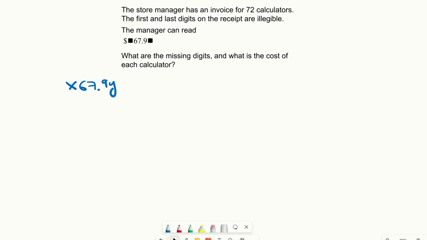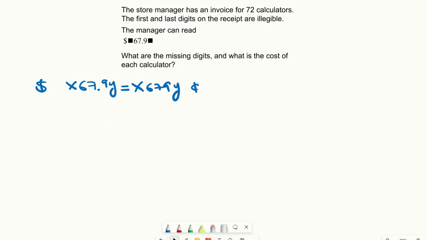It would be nice if I didn't have to work with the decimal point. So I'm going to go ahead and say this many dollars is equal to, just multiply by 100, which is going to move the decimal point 2 to the right. So I'm just going to get x679y, right? And this one is in cents.